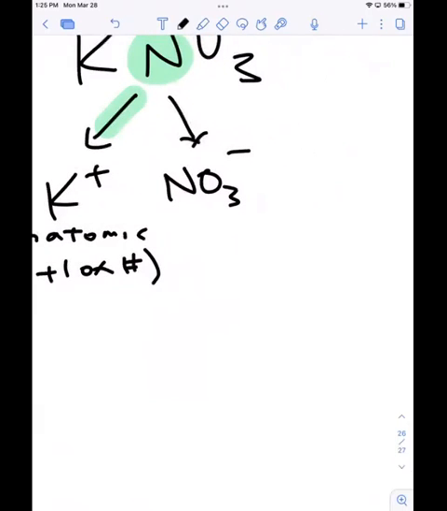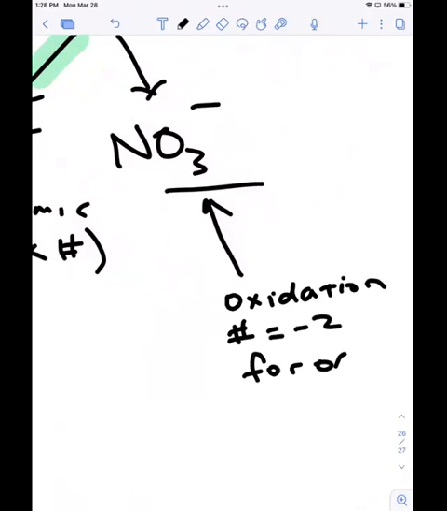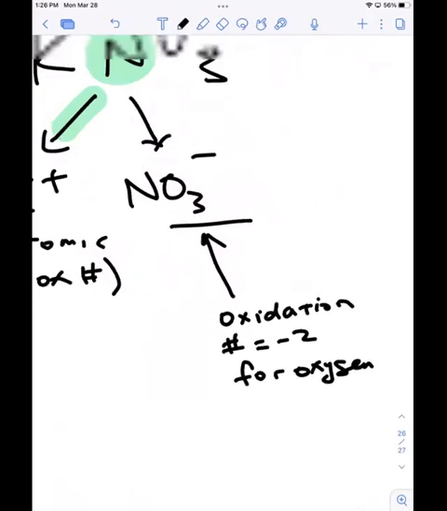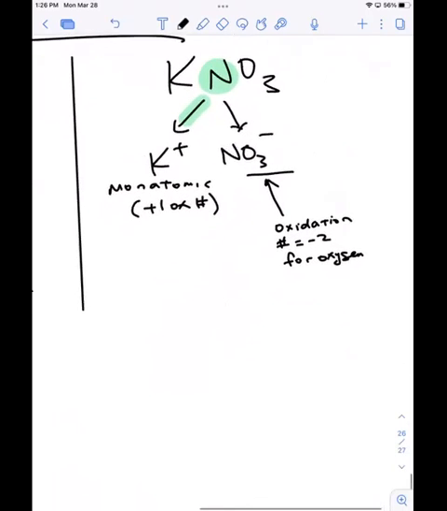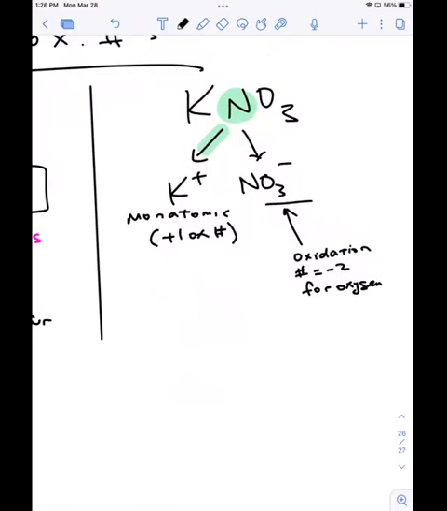And we also know that oxygen, based on the rules, if it's in a bond with another atom, we're going to have an oxidation number of -2. Right? Everybody okay so far? Yes, sir. And the salt itself has an overall charge of 0 because it's neutral.